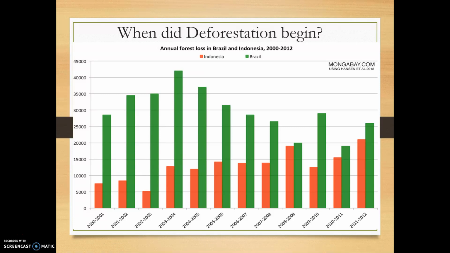What ended up happening was we weren't able to track down illegal acts of deforestation. So in 2004, Brazil established more than 70,000 square miles of parks, nature reserves, and national forests in the Amazon to make up for past loss of forests and try to preserve the lands.